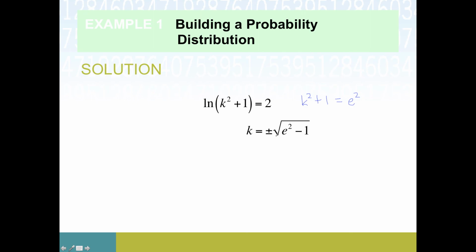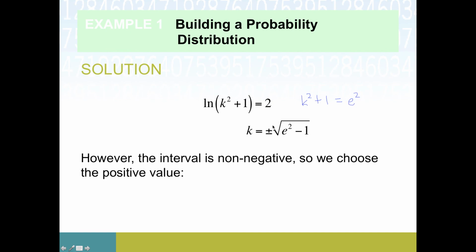But then if we take away 1 and square root, I do have to remember the plus or minus in general. But in this case, remember, k was the upper side of the interval 0 to k. So it doesn't really make any sense for k to be negative because that would be to the left of 0. So we're really only going to take the positive value of k and call that good.